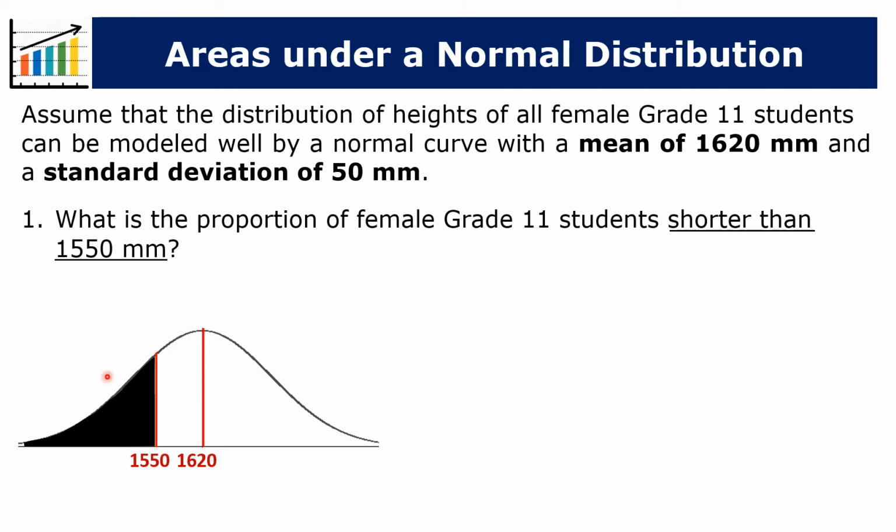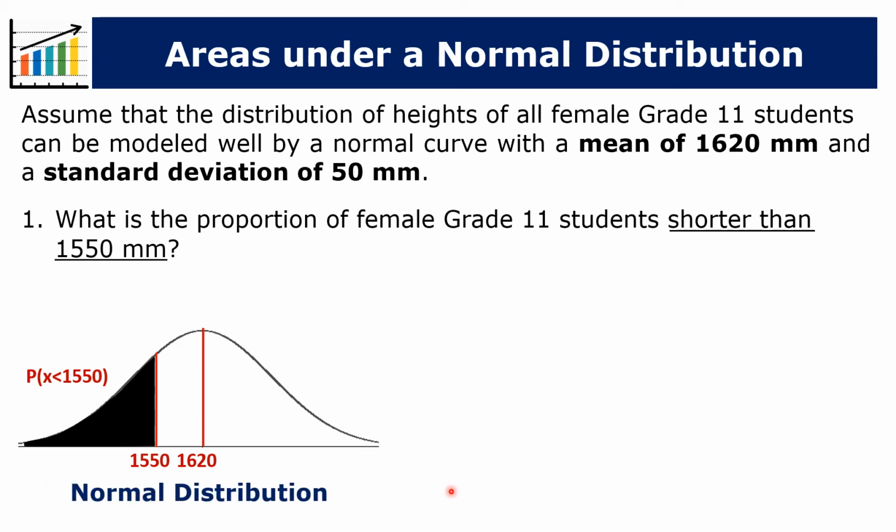So this area here represents the proportion of grade 11 students shorter than 1,550. Now, how are we going to find the area of this? Okay, so in symbol we have this. P of x is less than 1,550, or shorter than 1,550. That's why this is the shaded region.